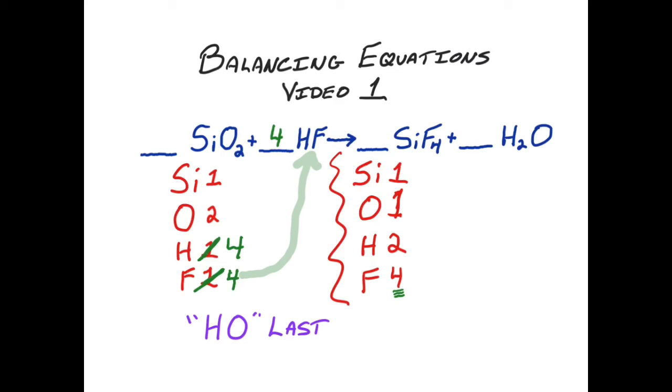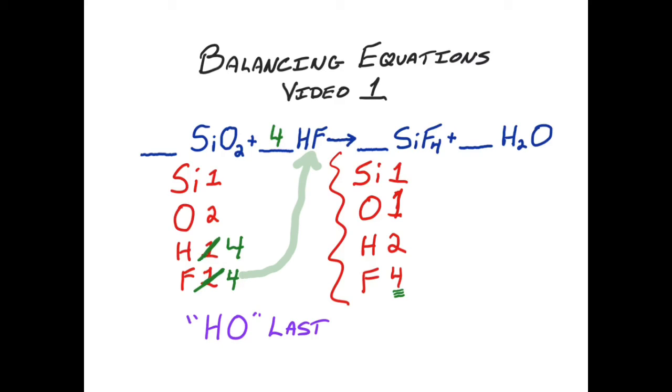That move, just like in chess or checkers or dominoes, is done. So now I pick my finger up. So I look. My Si's are still balanced. My O's are not. My H's are not. But my F's are.